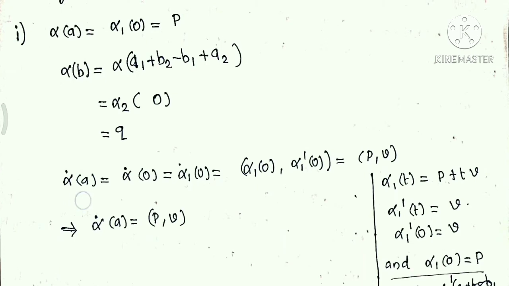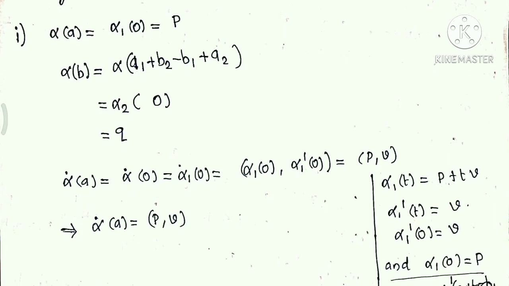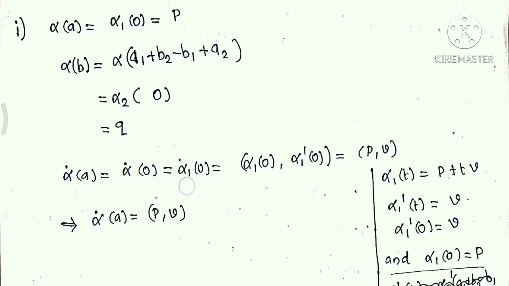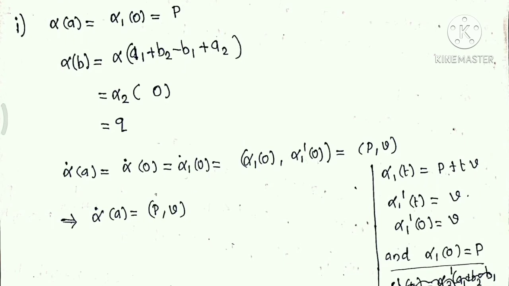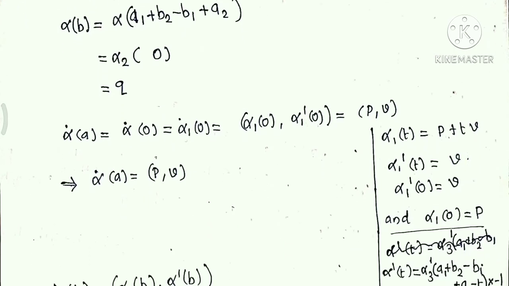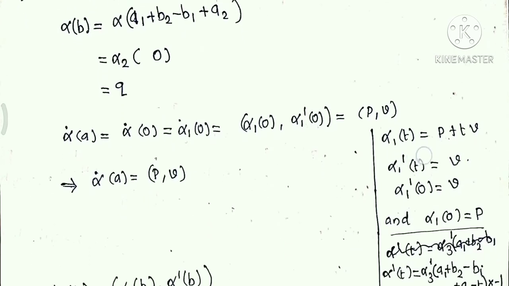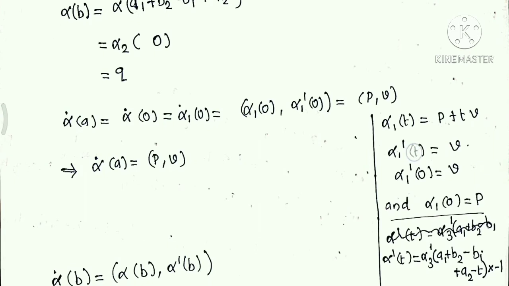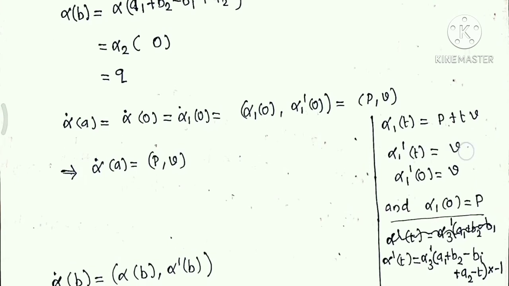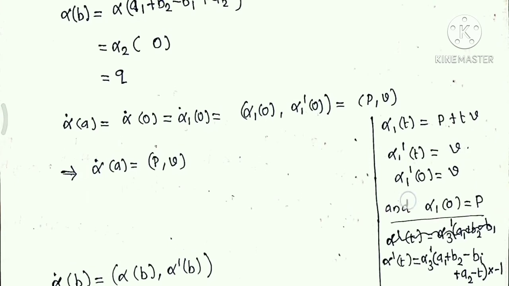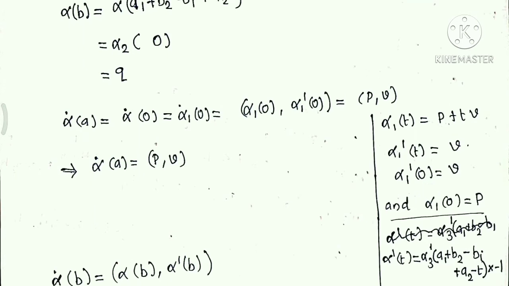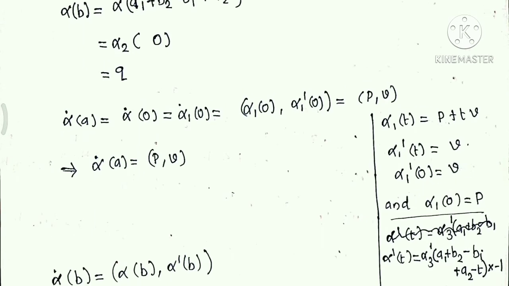Now consider the derivative, the velocity of alpha at the point A. That is alpha dot of A, which is equal to alpha dot of 0, and alpha dot of 0 is equal to alpha 1 dot of 0. Now consider alpha 1 of t, then the derivative of alpha 1 of t with respect to t is equal to v, which is a constant, and alpha 1 dash of 0 is also equal to v.